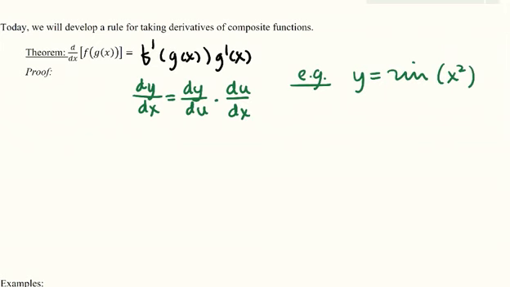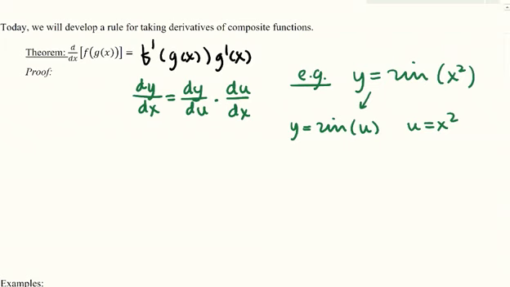In terms of this, I'm going to do it in terms of y, u, and x. Really what you could say is that y equals the sine of u, where u equals x squared. And I won't be doing it like this really after this example, but this is one way you can think about it. Over time, using the chain rule, it'll just become second nature, not a big deal.